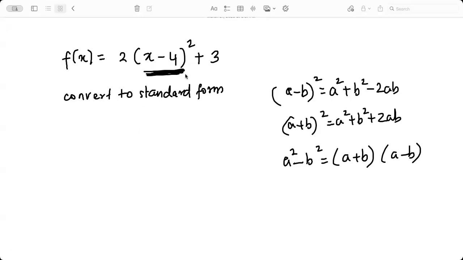This is a minus b the whole square, right? What is a minus b the whole square? Use this. Treat x as a, b as 4. You got what I'm saying? Can you try that?